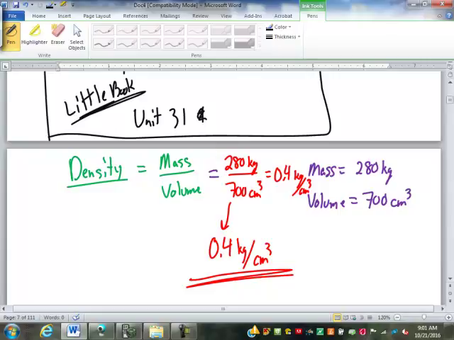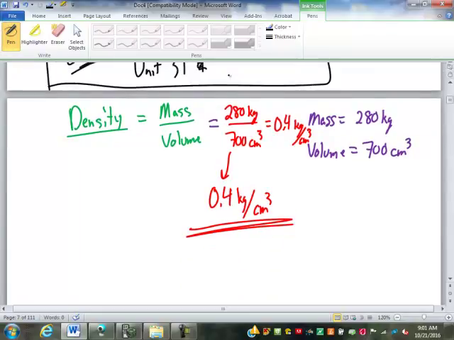More often than not, though, we're going the other direction. Let's say I tell you the density of an object is 84 grams per cubic centimeter.